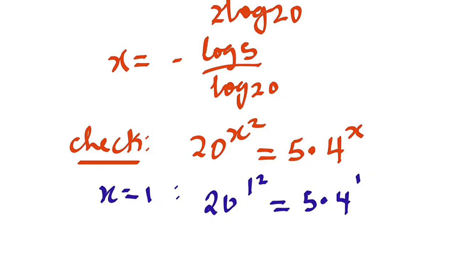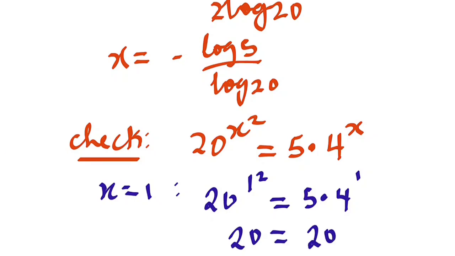So 1 squared is the same thing as 1. 20 raised to the power 1 is 20, equals 5 times 4 to the power of 1, that is 20. Are you getting it now? So that is the solution to the problem. You can also check the other one to see whether it also satisfies. And that's going to be the end of the class.